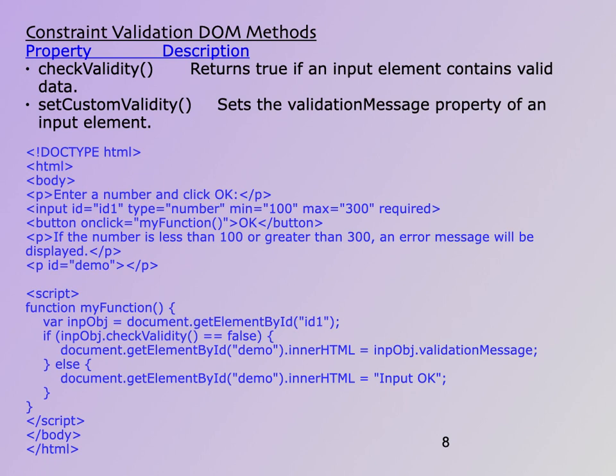In our script tag, there is a JavaScript function, the function name is myFunction. A variable is declared here. inpObj is the name of the variable, and the assigned value is document.getElementById("id1"). So here we will get the element's value, id1, that is the input number field.